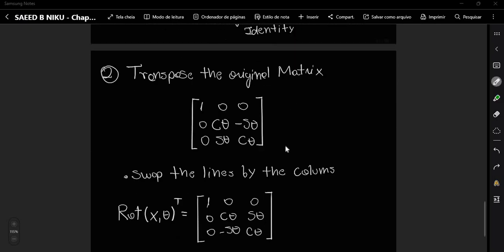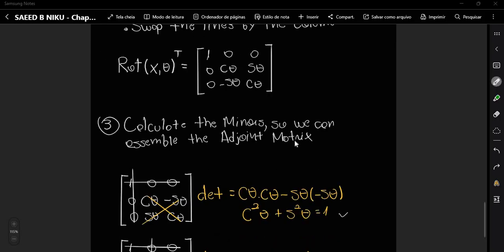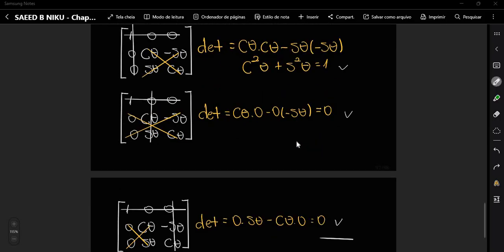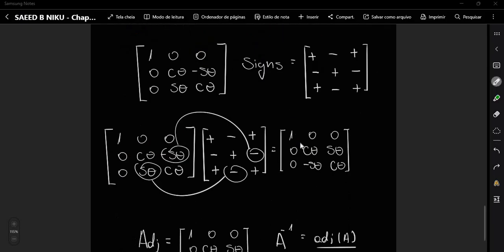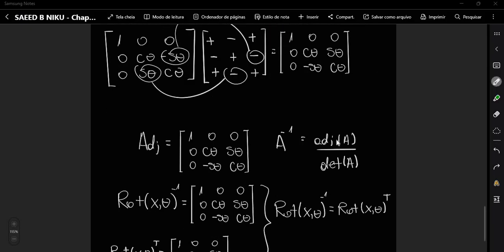We calculated the minors, and with the minors we assembled the adjoint matrix.